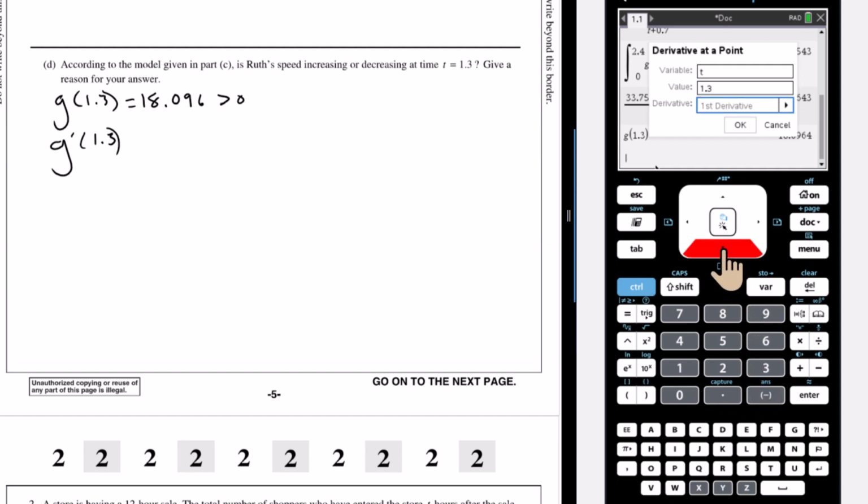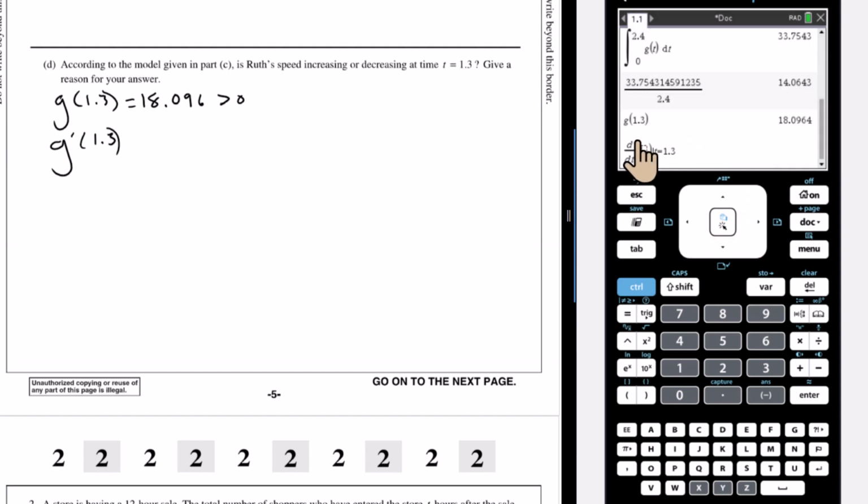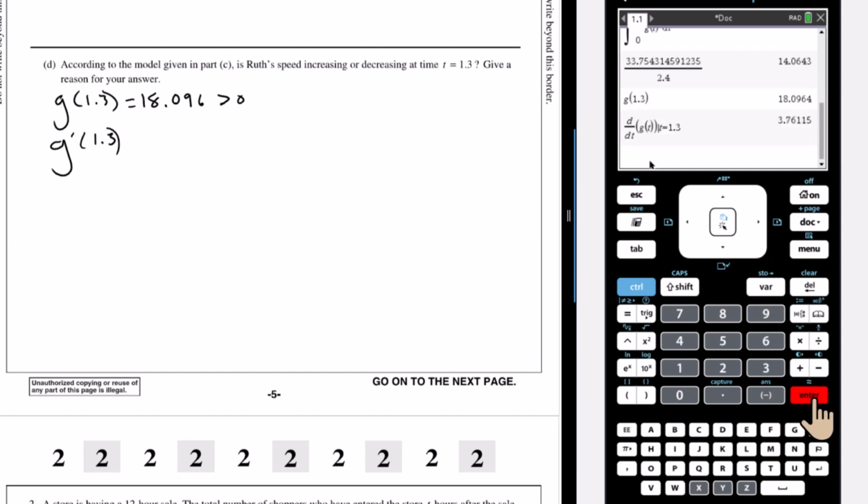And the first derivative is d of t of g of t. If you like x's better, you can use x's. Evaluating at 1.3, hit enter, and I get 3.7, etc., which is also greater than 0.